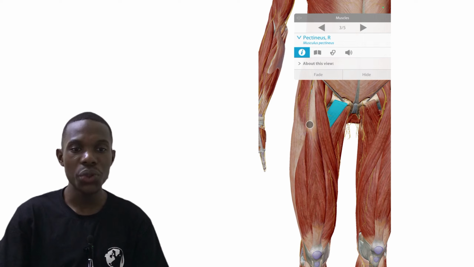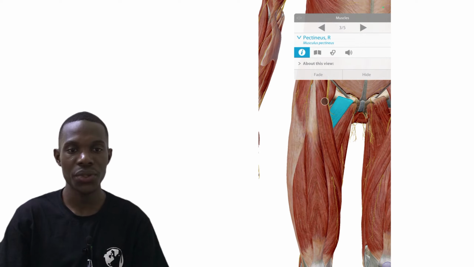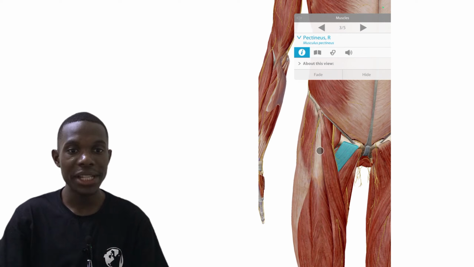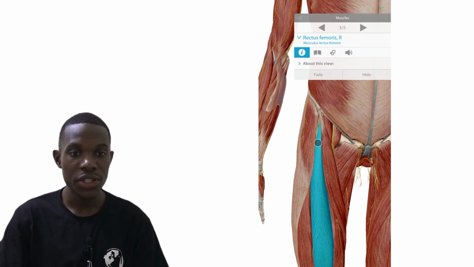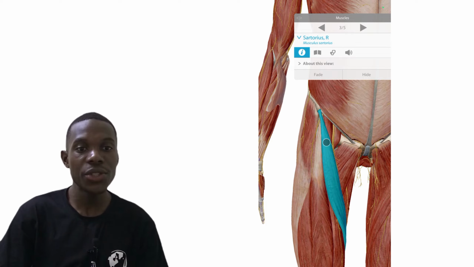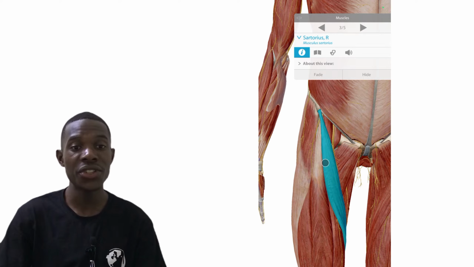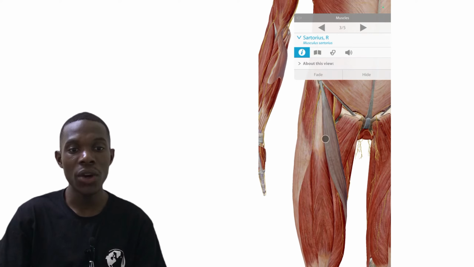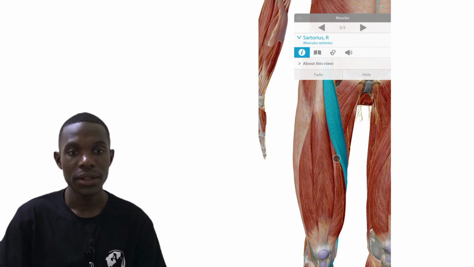Then we go to the main muscles of the anterior compartment. As you can see, we have a special muscle, this one, that is the sartorius muscle. The sartorius muscle stretches downward, right?